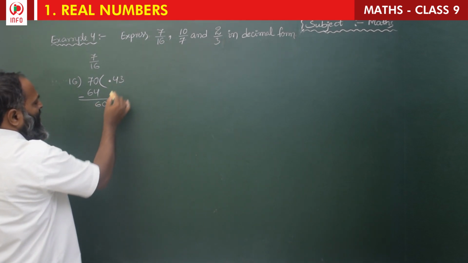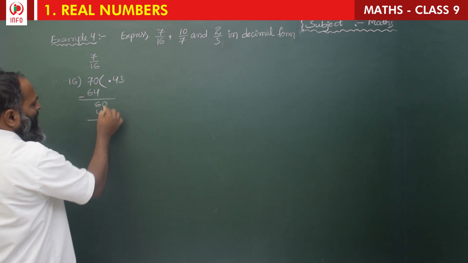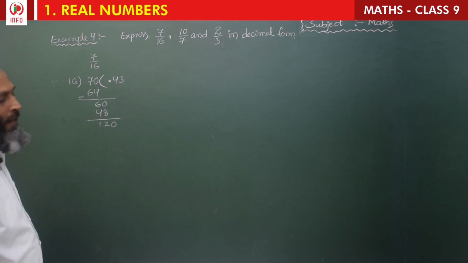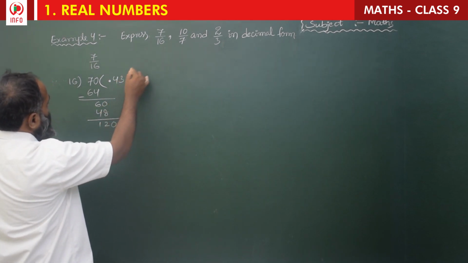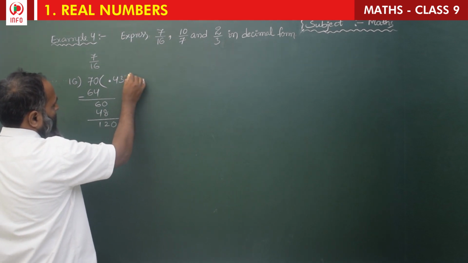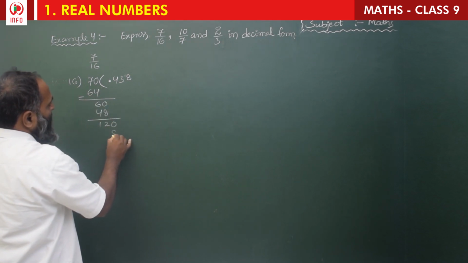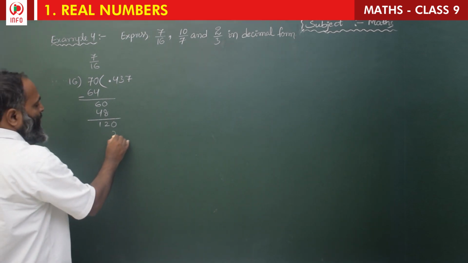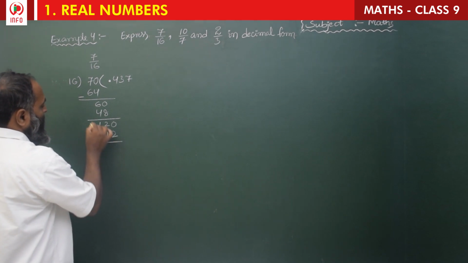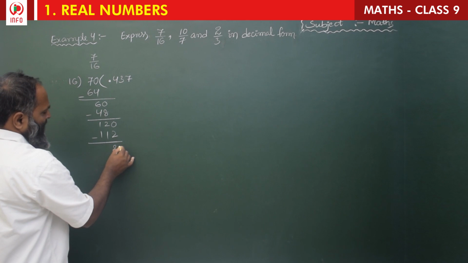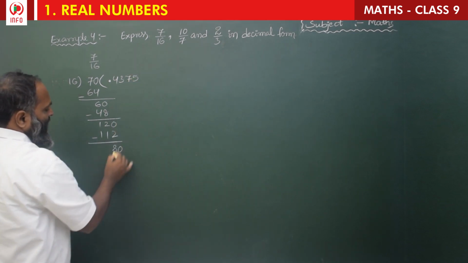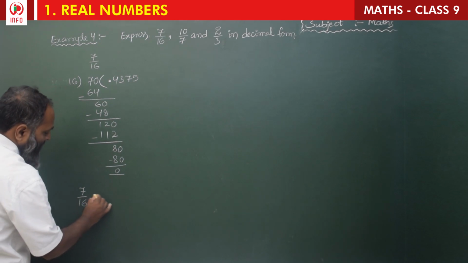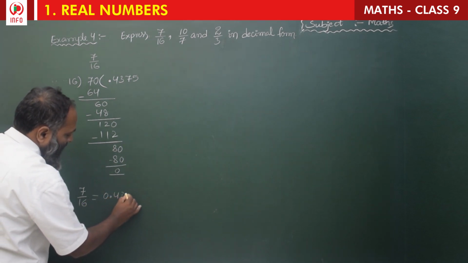Again 16 3s are 48, here 12, and we can take a 0 in each step. 16 7s are 112, then you will get 8 and 80, 16 5s are 80, then 80 minus 80 is 0. So 7 by 16, the answer is 0.4375.